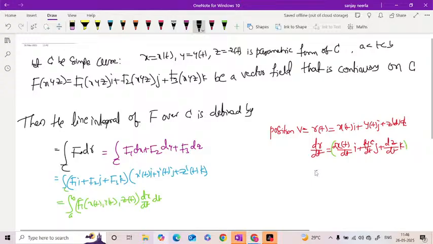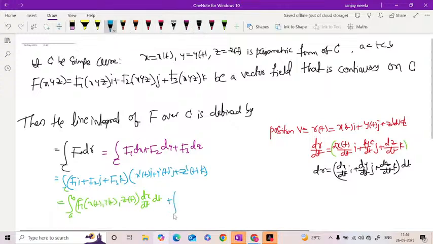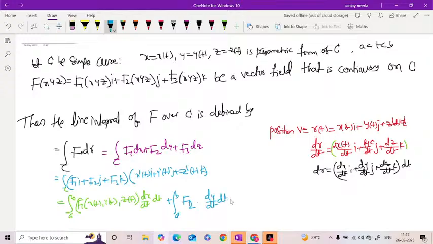That means here also dr is equal to dx by dt i plus dy by dt j plus dz by dt k into dt. Now this is the first one, and plus the second one is integral a to b of F2 into dy by dt into dt. Now the third one is integral a to b of F3 into dz by dt into dt, after substituting this whole part.